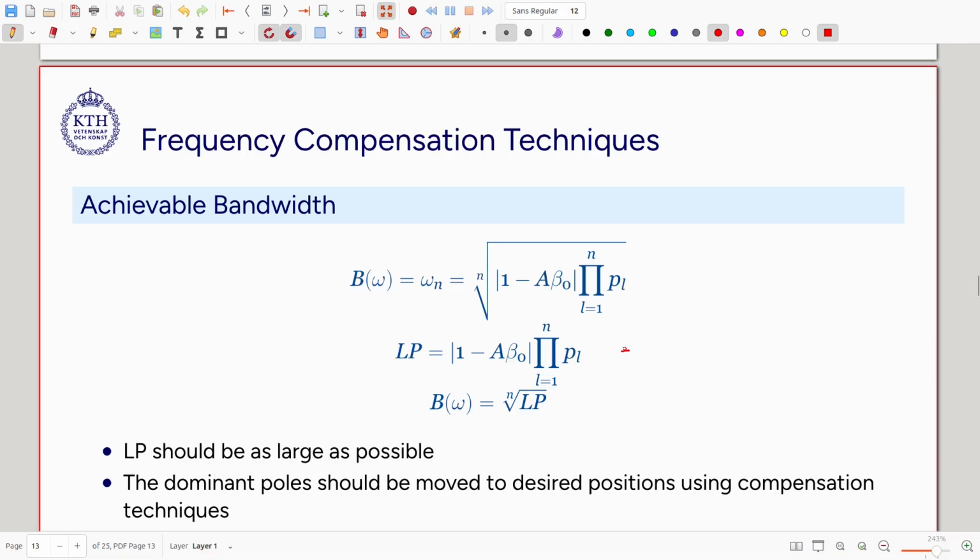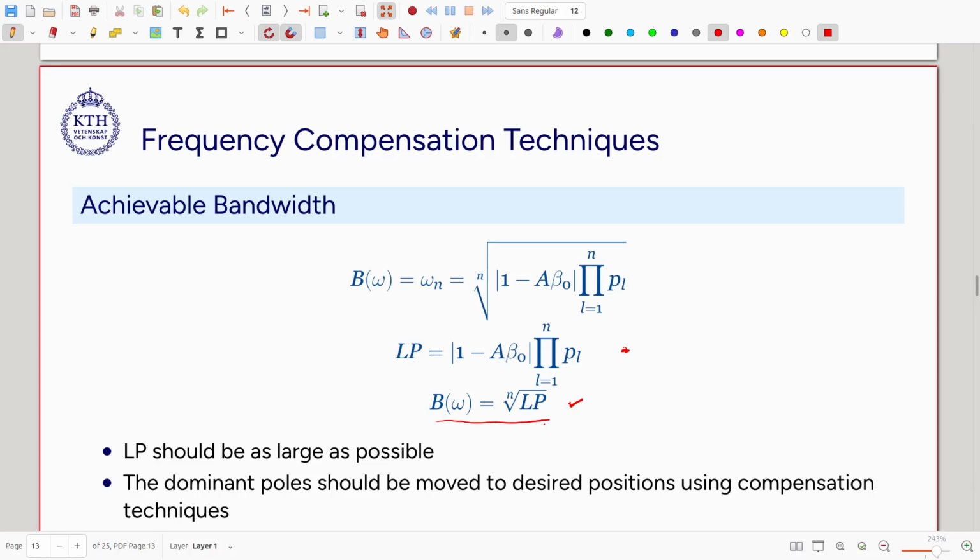The achievable bandwidth, assuming that we can move the poles to Butterworth positions, can be calculated like this. You have n poles, and we can move the n poles to Butterworth positions, which is the maximum bandwidth that I can achieve. Then it will be the n-th root of the loop gain pole product.